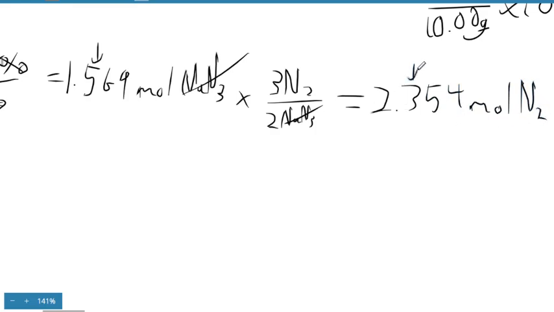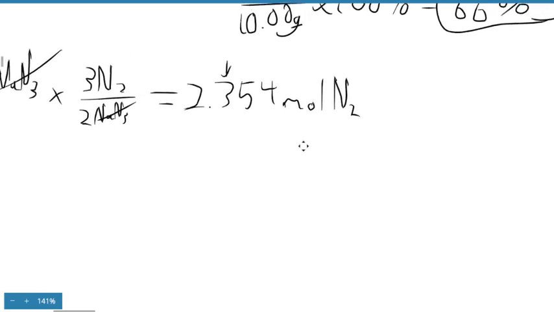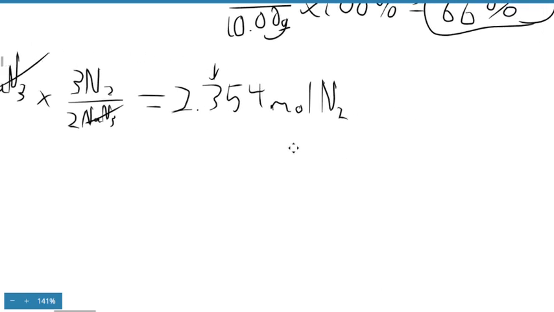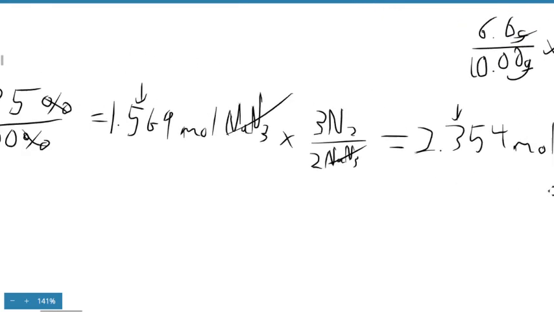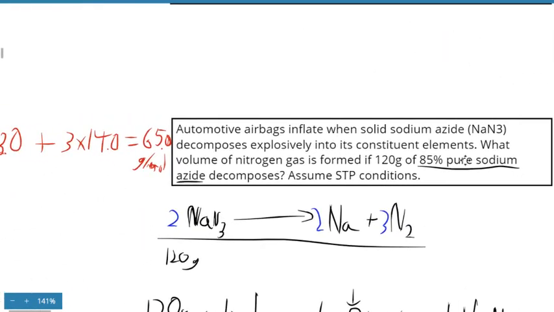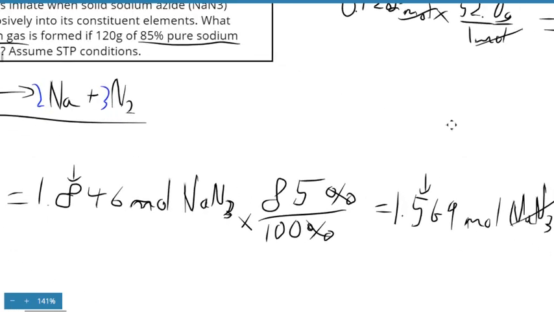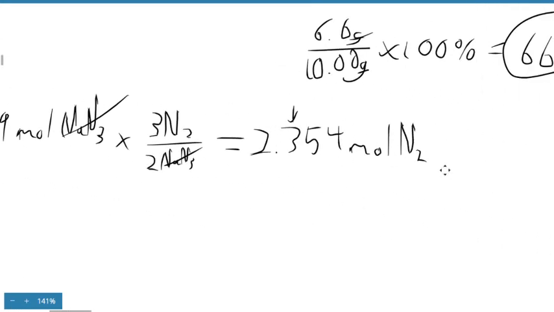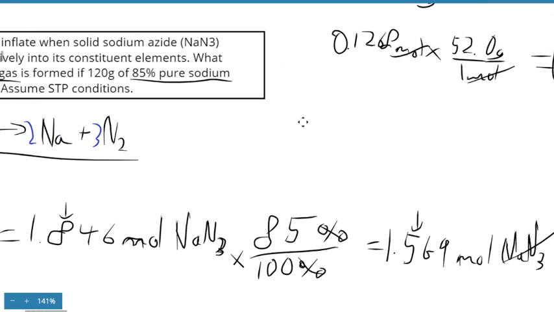And 2 sig figs. So now that we have the moles of N2, we need to go back to our question and see what it asks. What volume of nitrogen gas?